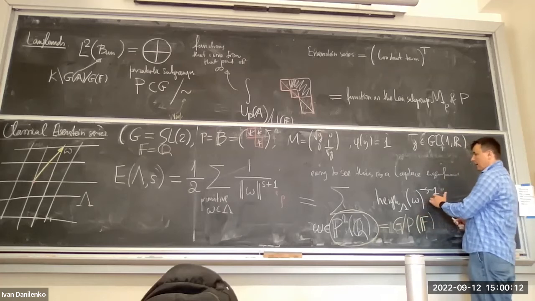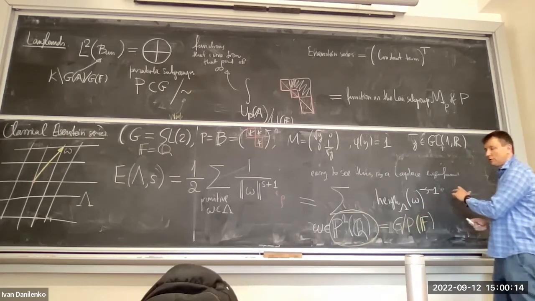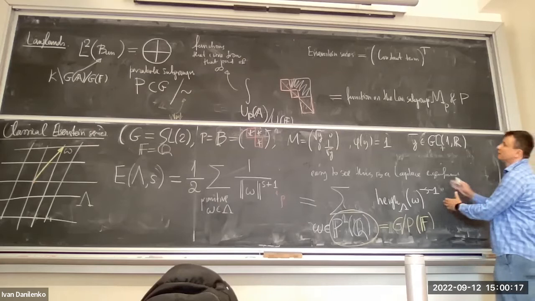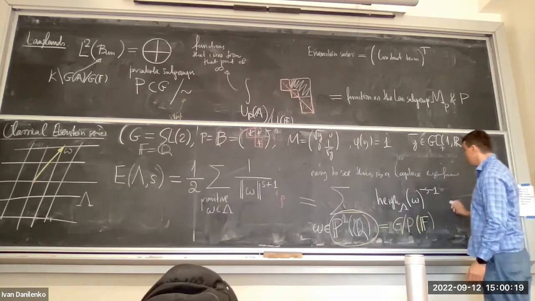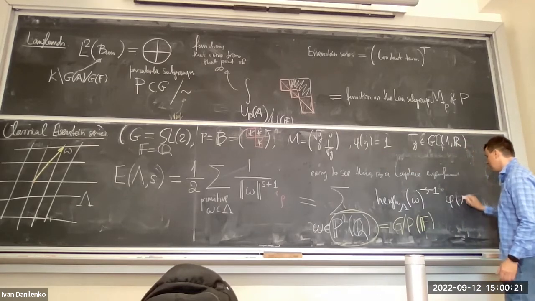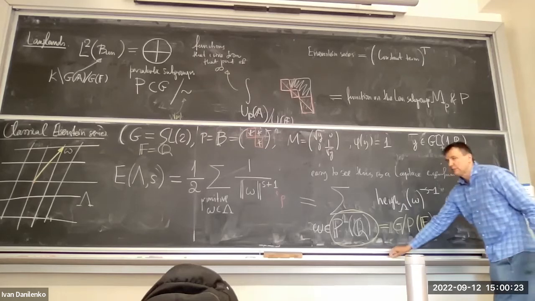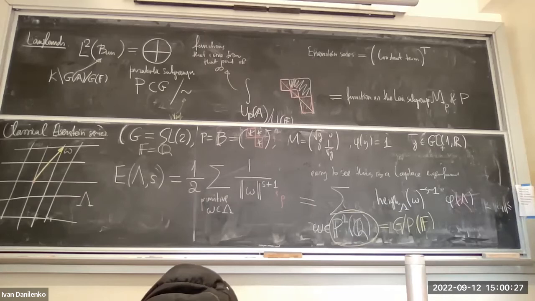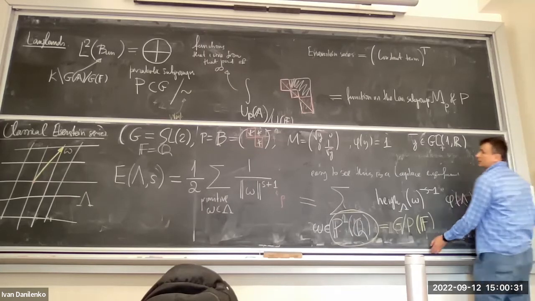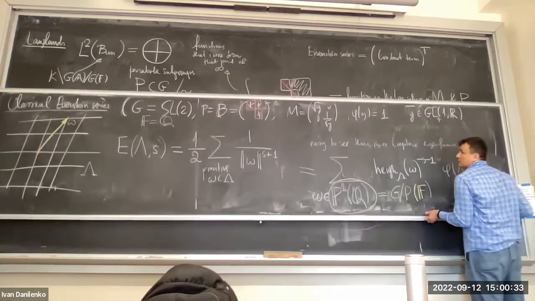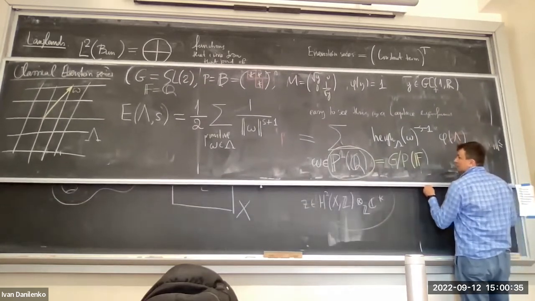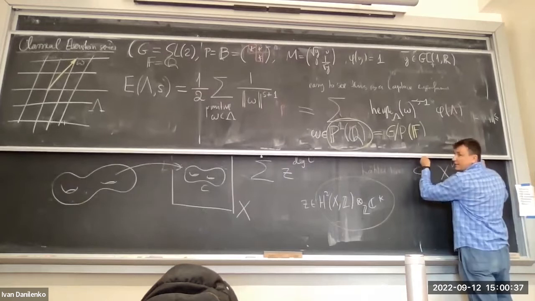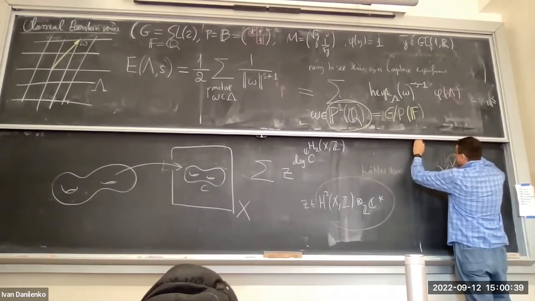I could also have had this function phi, some kind of f of phi of lambda. But the parallel with the geometric side becomes much clearer if I ask what is the exact eigenvalue of this function.